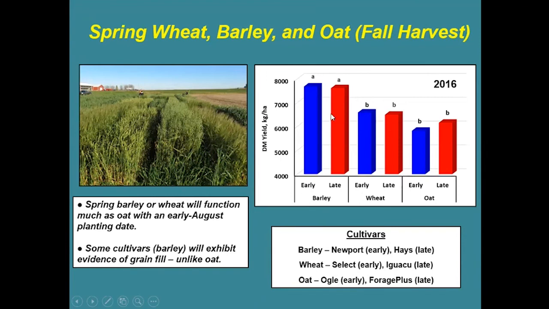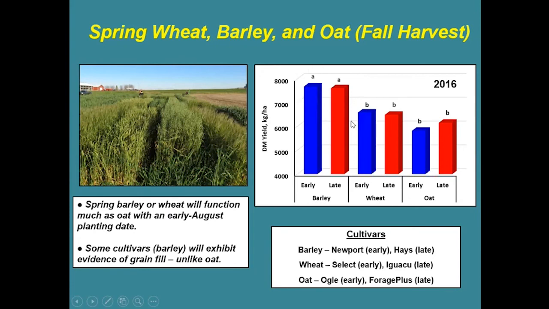And you'll notice that in this case, the barley out-yielded the varieties of wheat and oat. One of the reasons for this, which is very interesting actually, is that you could observe on this harvest date, which was around the 9th or 10th of November, if I recall, we had a very late fall, and these plants were able to continue to grow longer than they might normally.